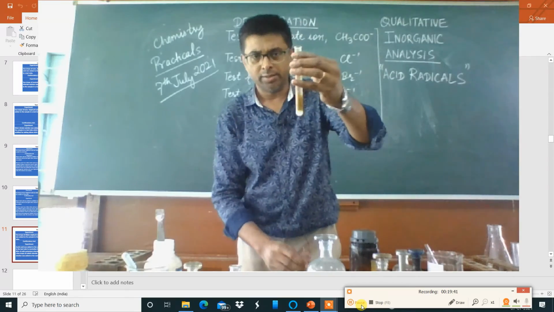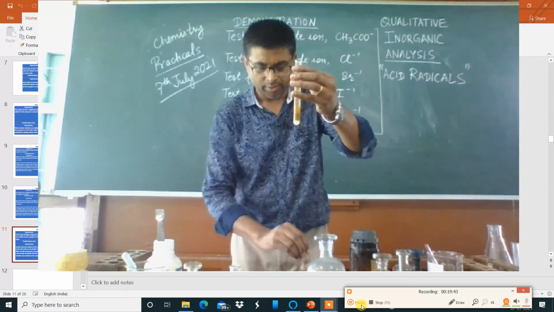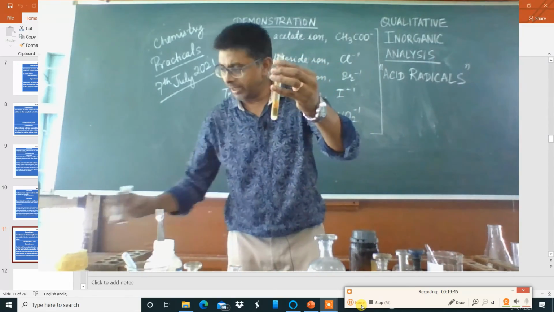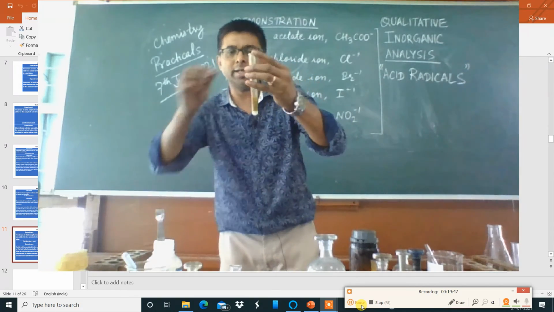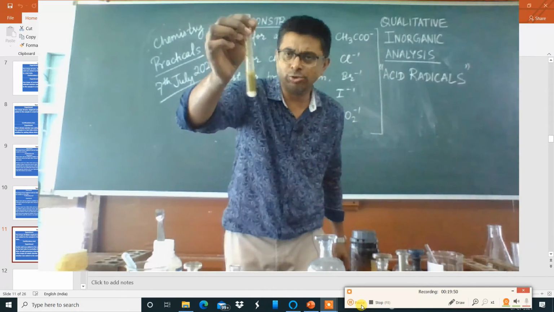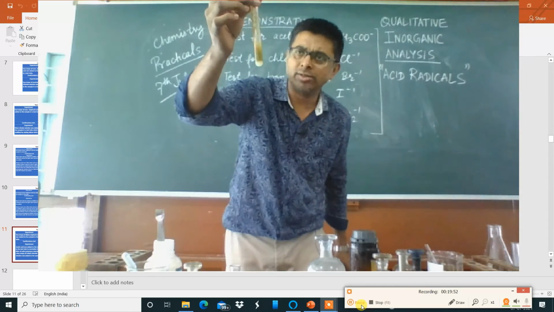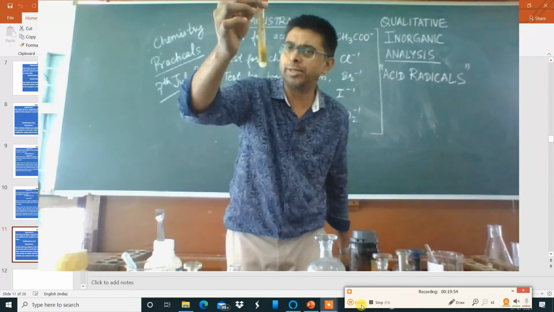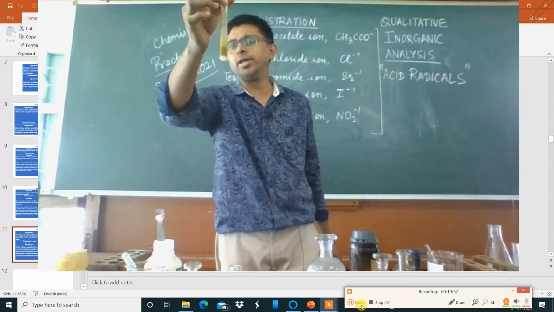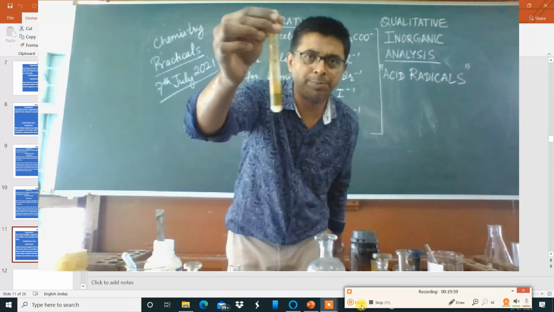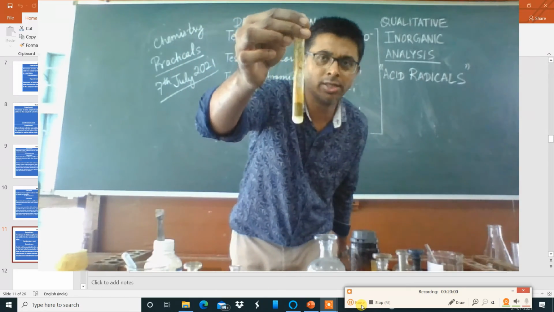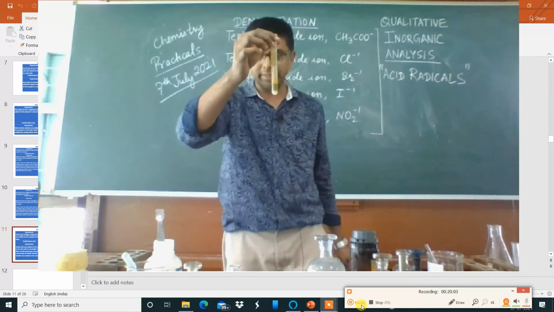I have to warm it, but I had no provision of heating. A Bunsen burner was not available, so I could not warm this. So this will become yellow on standing after some time, and with slight warming. So this was the confirmatory test for nitrite ion. The sample which I have used is potassium nitrite today.